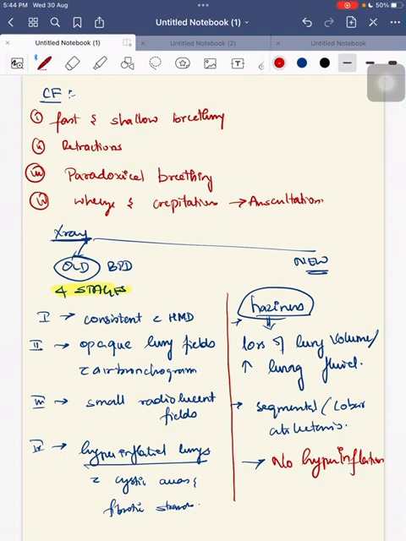Next we'll go on to management. Management is classified as to prevent BPD and to treat establishing or established BPD. The treatment part will be big here. First we have to see the management for prevention of BPD.